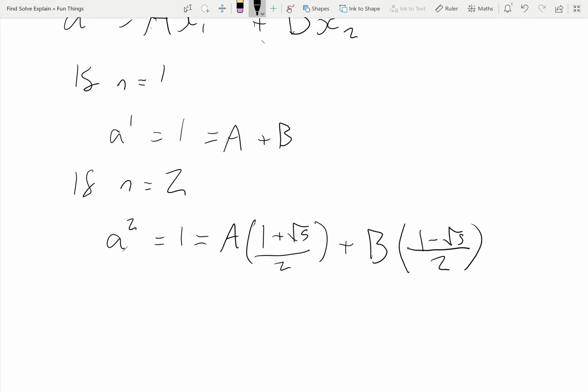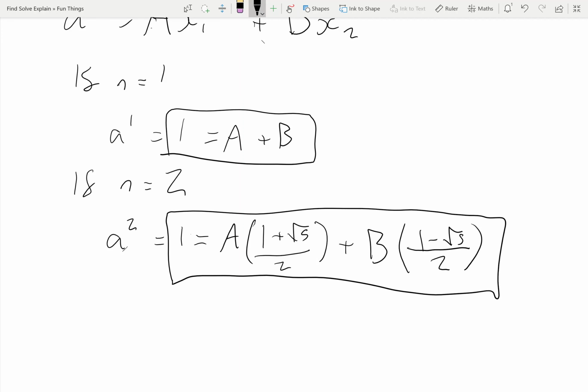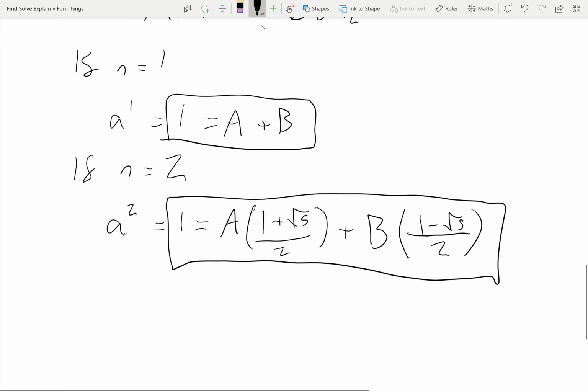If we look at these two, I mean, this is just a simultaneous equation.